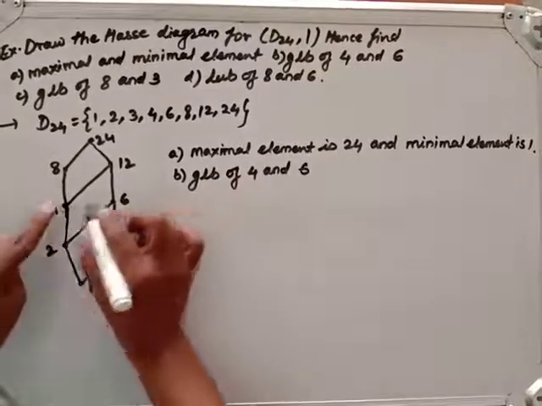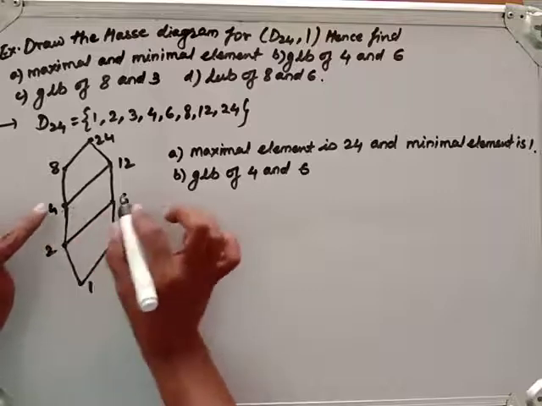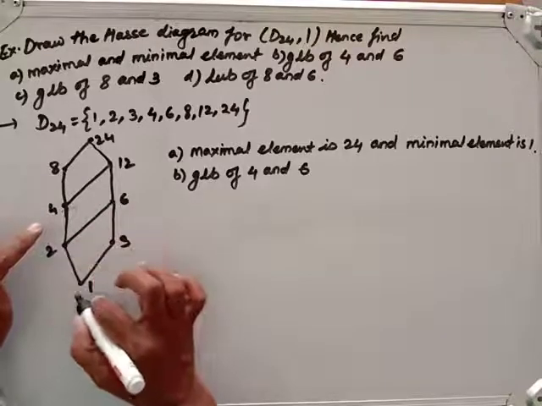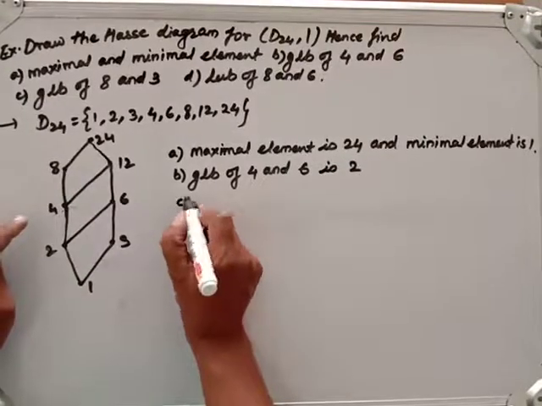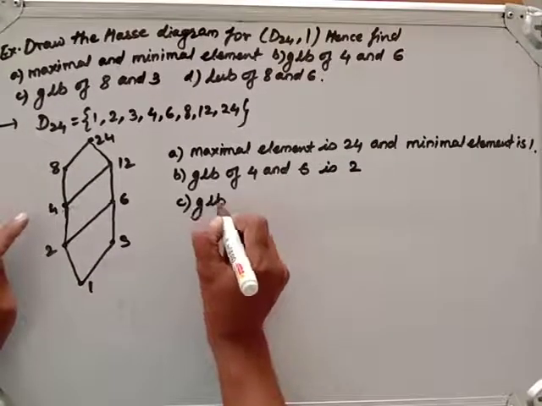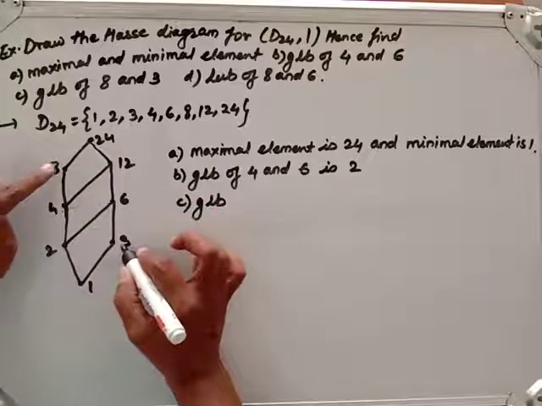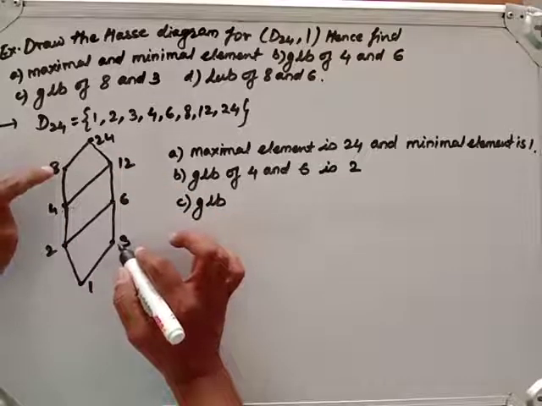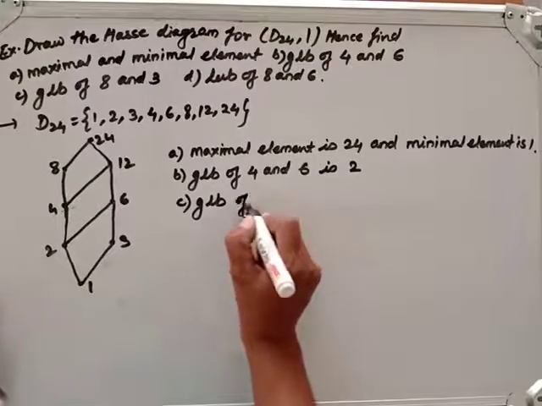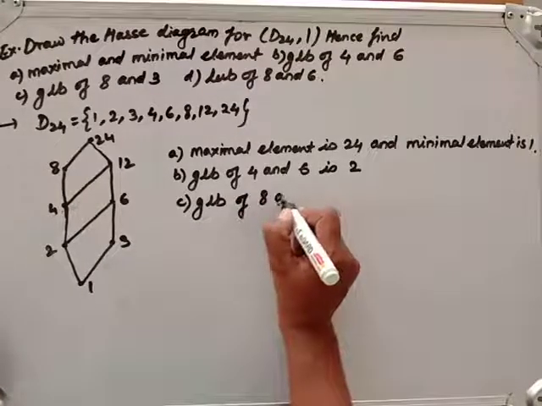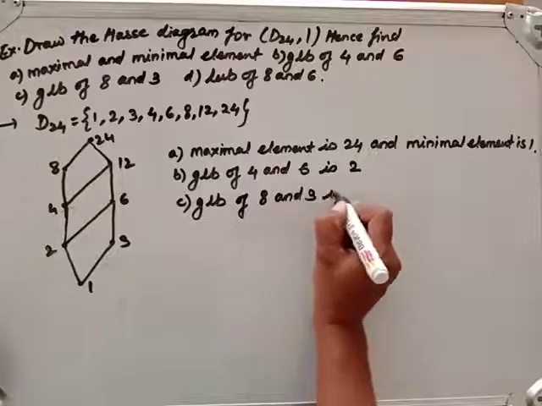Look at 4 and 6, they have lower bounds 2 and 1 only. So the greatest lower bound is 2. Fine. Now next, the greatest lower bound of 8 and 3. 8 and 3 have only 1 as a common lower bound. So the greatest lower bound of 8 and 3 is 1.